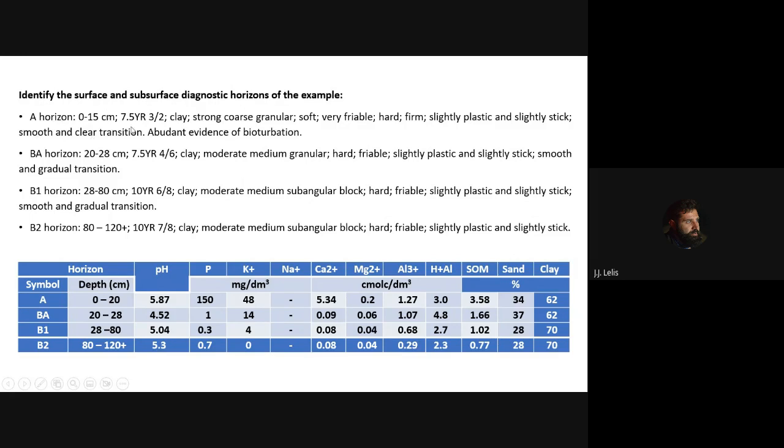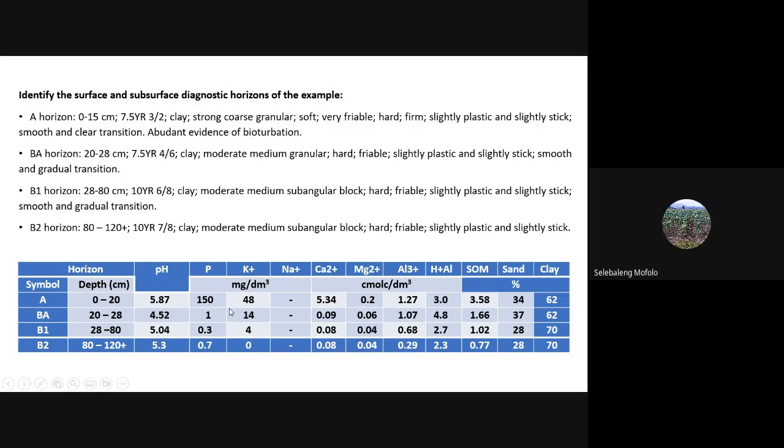Okay, so this first horizon presents 15 centimeters of thickness, a brown yellow or dark yellow color, a high content of clay, and it possesses a strong development with a structure that reveals high activity of termites, ants, wormholes, and other animals.